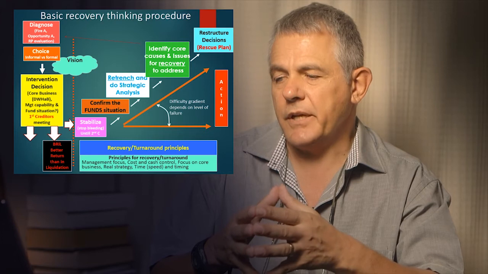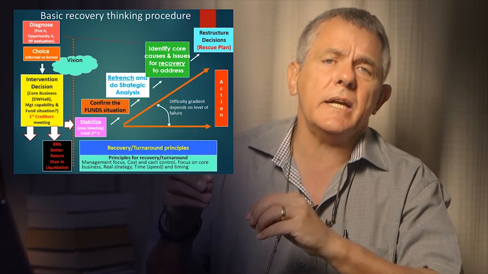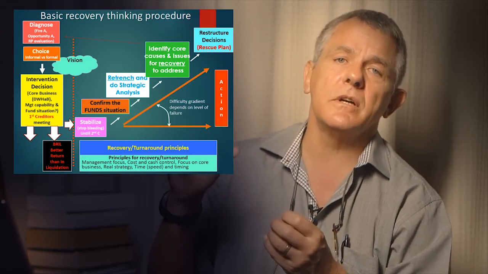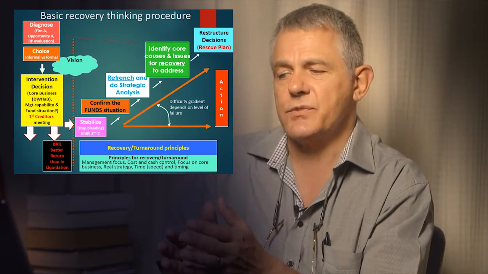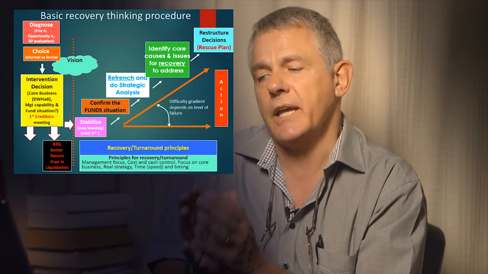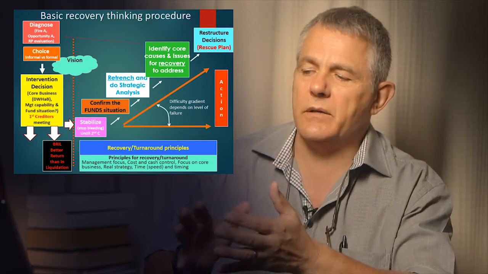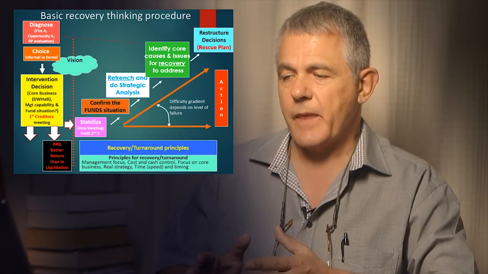BRIL, better return than in liquidation. And this is an option that the Act provides for us, as it states that if you cannot reorganize the business as a going concern, then this will be an alternative that you can pursue. And we will investigate that maybe in a later discussion.